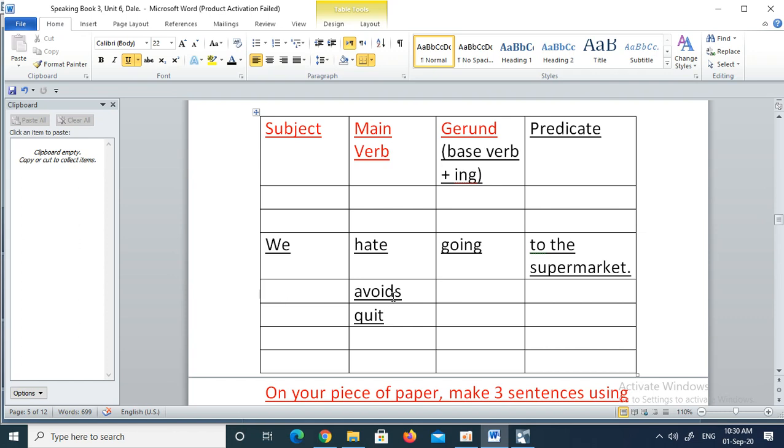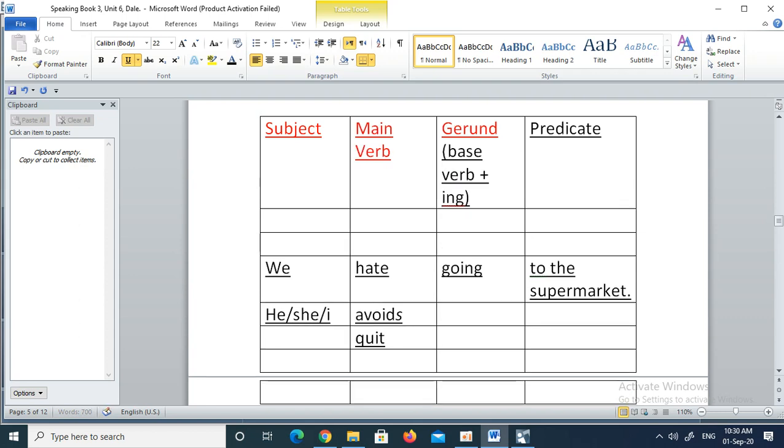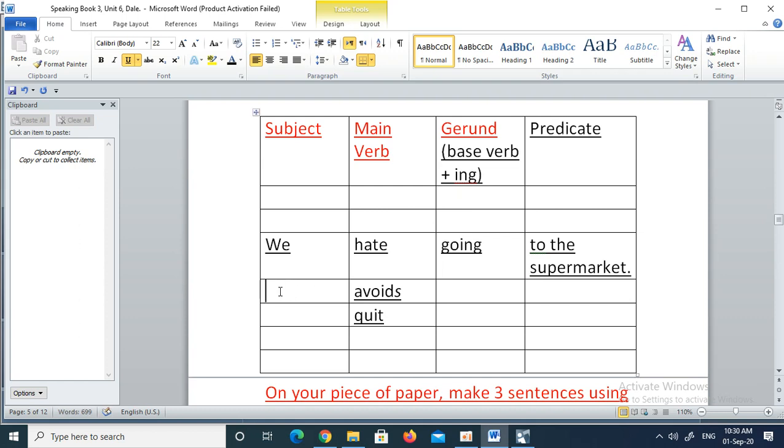Now, because avoids in number 2 has an S at the end, I can only use he, she, or it as the subject. So, if I use Inars equals she, we can use Inars. Inars avoids dating ugly men.